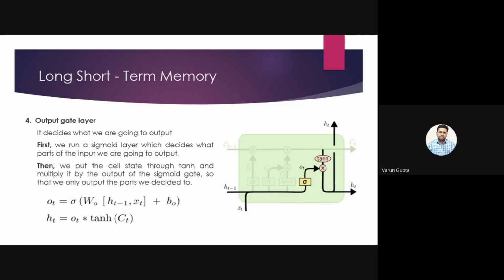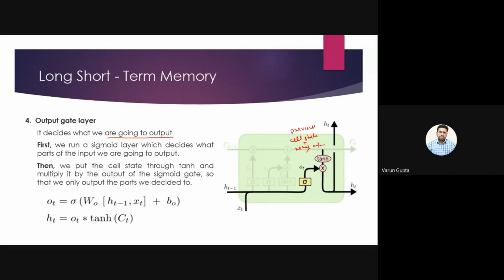Now this is the output gate. This output gate will decide what we are going to output finally. How will it decide? It takes what we have just got, containing the previous cell state plus the new information from the input.